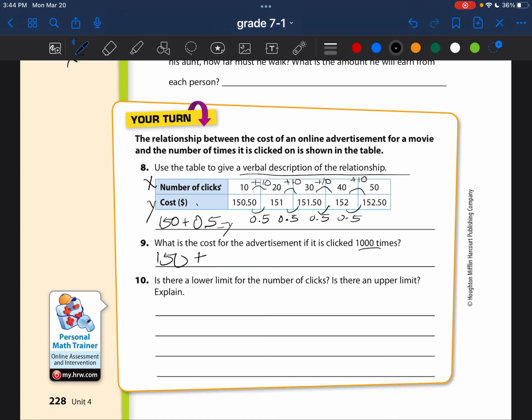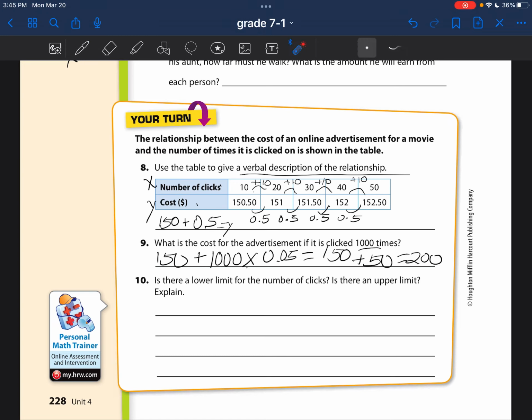We're going to add our 1,000. We're going to multiply it by our 0.05. Okay. And then that number plus 50 equals 200. Okay? All right.